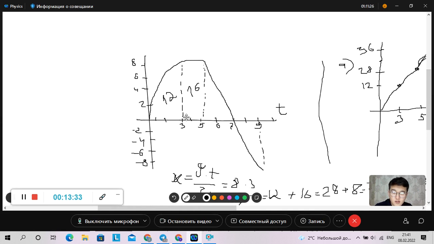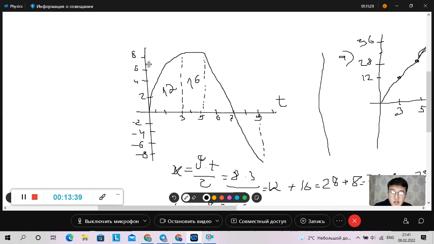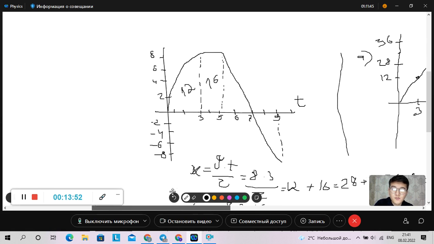Let's see. In the first part, yes, there is acceleration, and in the second part, no acceleration, and the third and the fourth parts have negative acceleration. Acceleration is velocity over time: 8 divided by 3 is equal to 2.6 meters divided by second squared.